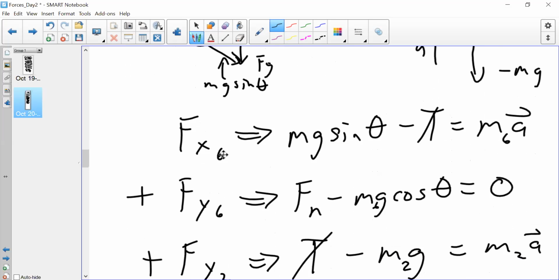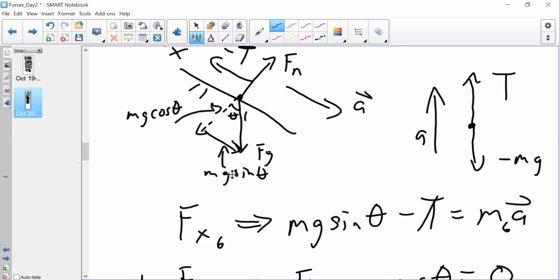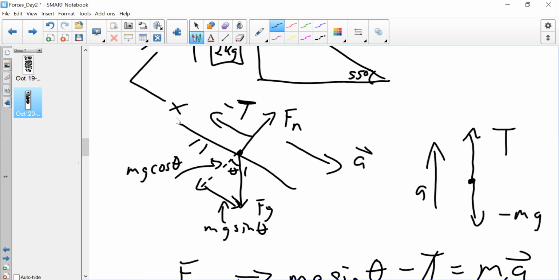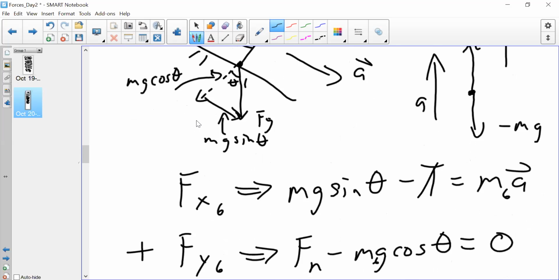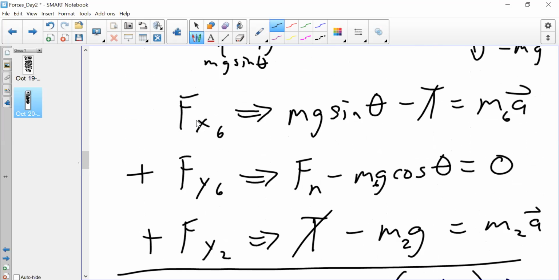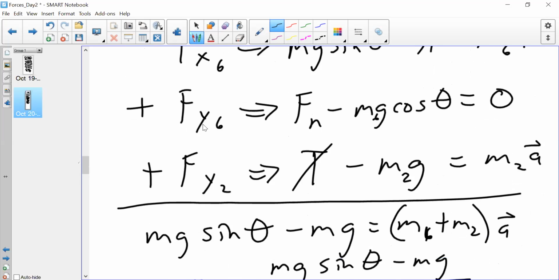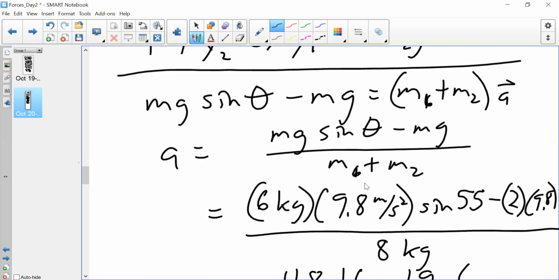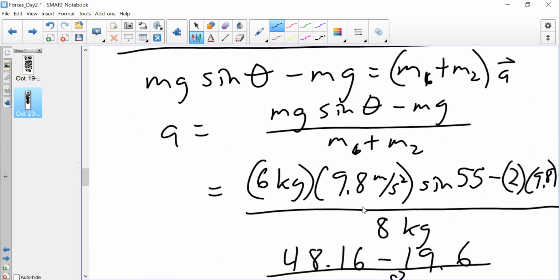Okay, so for the 6 kilogram mass here, it has forces along the x-axis, one pointing down, one pointing up: mg sine theta in the positive x, and then tension in the negative x. Just let me know if, okay, do you understand this part? Yeah, it's like down the line. Okay, right here. Below the line.